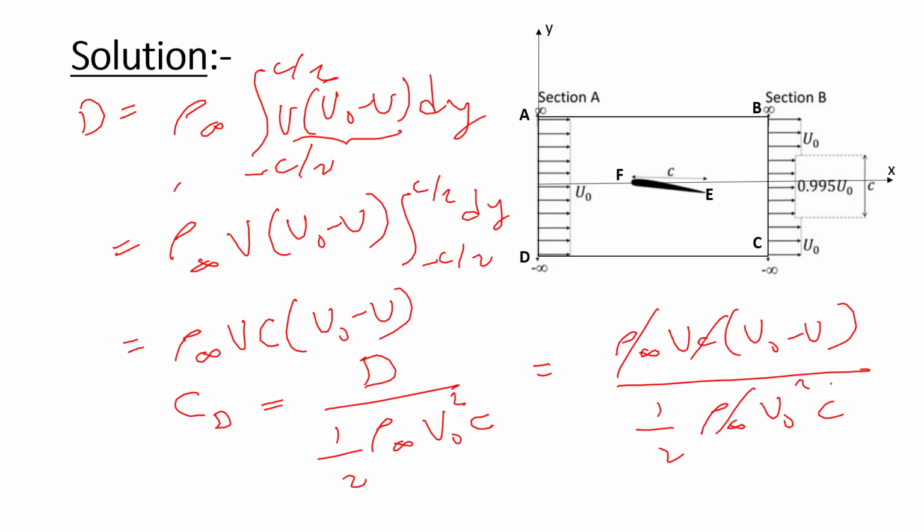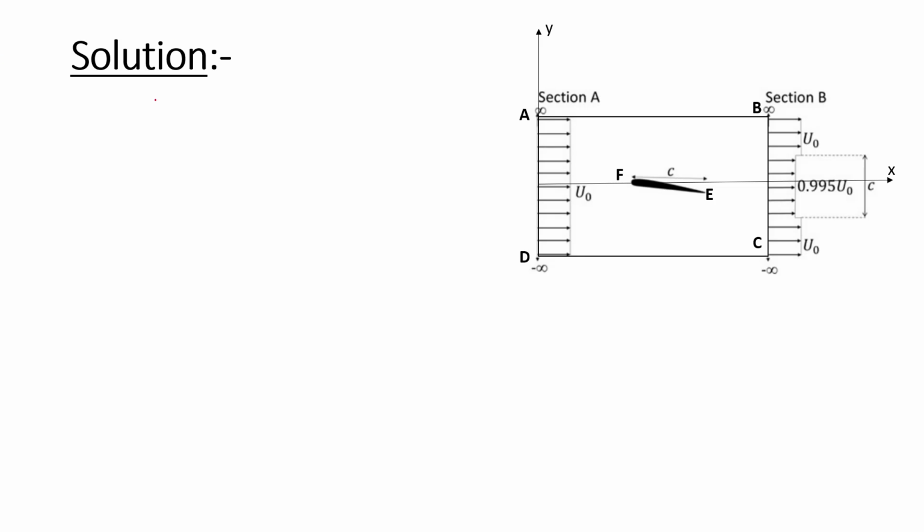It will cancel. So it will become CD equal to 2 u by u naught (1 minus u by u naught).